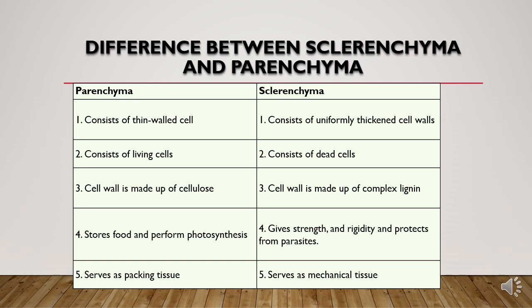The parenchyma consists of living cells, whereas the sclerenchyma consists of dead cells. The parenchyma cell wall is made up of cellulose, whereas the sclerenchyma cell wall is made up of complex lignin. As we said earlier, it contains lignified cell walls.